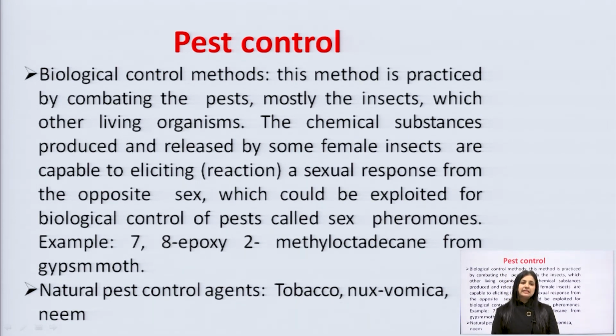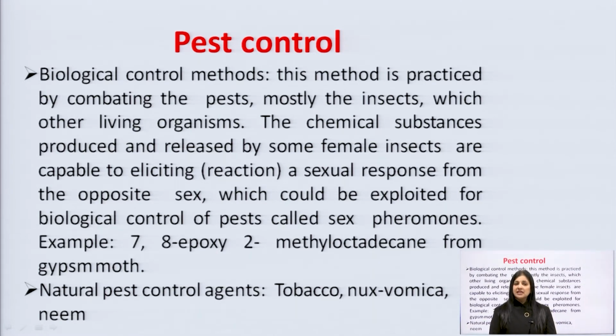Another method is the biological control method, which is being exploited these days. This method is practiced by combating the pest, mostly the insects. Here, the chemical substances are produced and released by some female insects which are capable of producing a sexual response from the opposite sex, which could be exploited for the biological control of the pest.